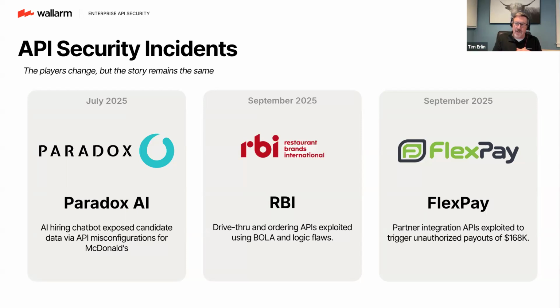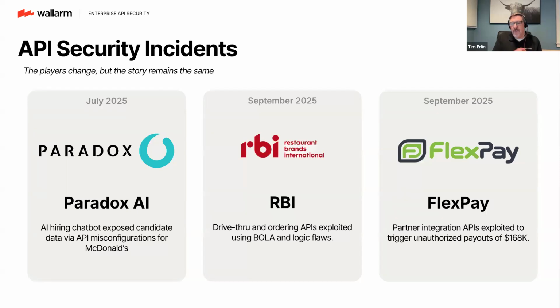We can start with this Paradox AI one. Notably, it's AI related. I will also point out that it's an issue that was Paradox, but it was also McDonald's. So there's a big brand here, and there's a supply chain aspect to it with a piece of software that they were using.